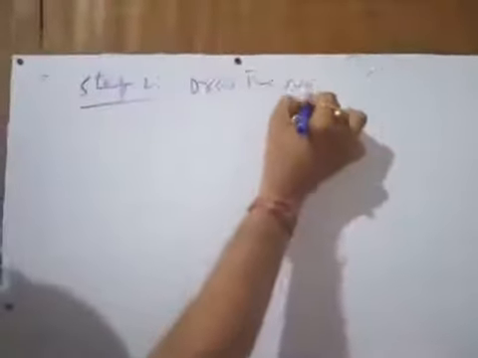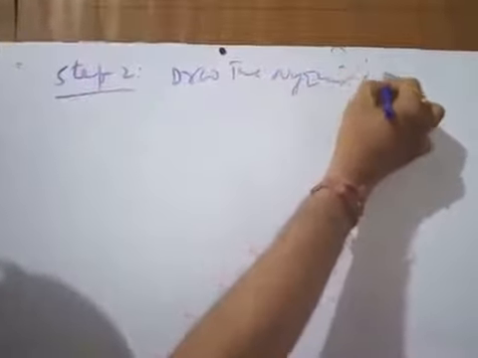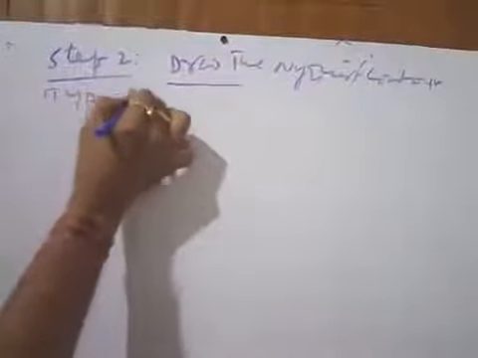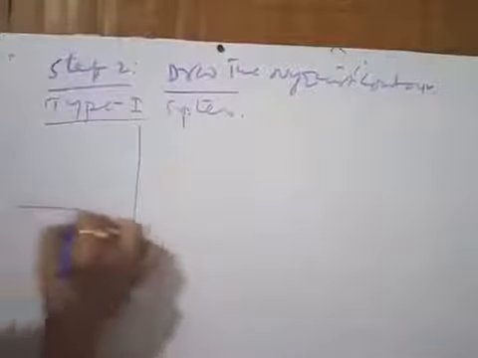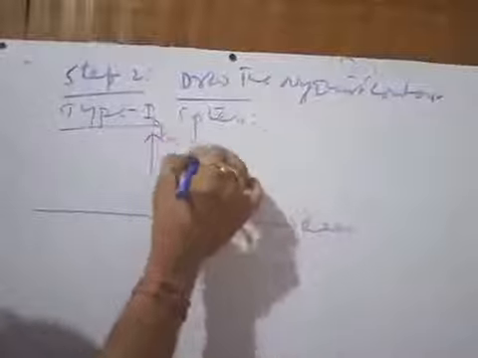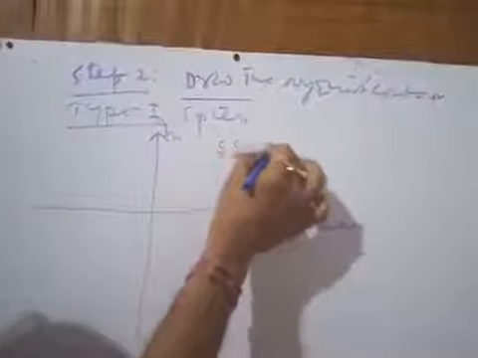What is step 2? Draw the Nyquist contour. During drawing of the Nyquist contour, what you have to keep in mind is that this is a type 1 system, right? If this is a type 1 system, then the Nyquist contour will be as simple as that. This is your real, imaginary, and this is known as the S-plane contour.